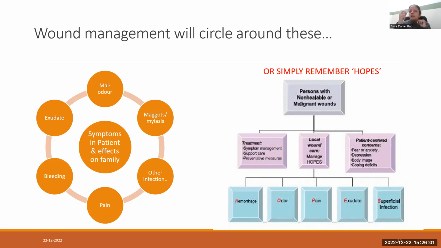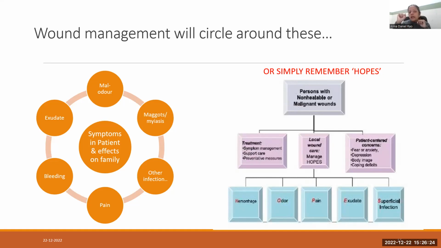Because it can be a small amount also, it can be profuse bleeding also. Then what to do? If a large amount of exudate is there, then how to manage this exudate? Okay, how to control the malodor, right? From the wound also and in the atmosphere also.